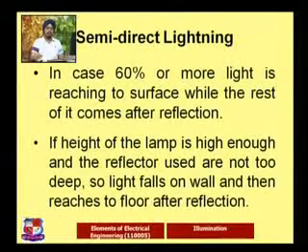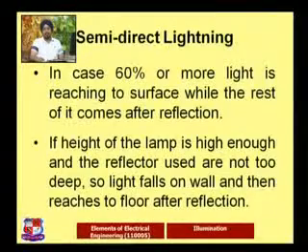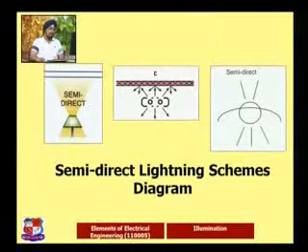If we control the height of the source and the use of the reflector in such a way that the required amount of light falls onto the wall and then, by reflection, falls onto the object, that is the semi-direct lighting scheme. In the example, with reference to the same figure, this is our source. From the source, some light goes to the upward side and the rest comes to the lower side.